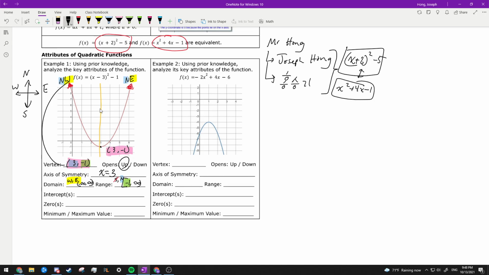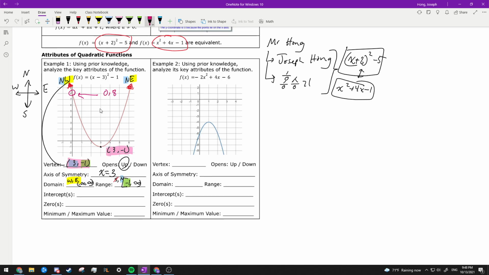Good. Intercepts, these are talking about all my intercepts. I'll actually be writing just the y-intercept in this space because when we talk about zeros, we'll get to the x-intercepts. So the y-intercept, which I'll color maroon, is going to be right here. This ordered pair right here is 0, 8.